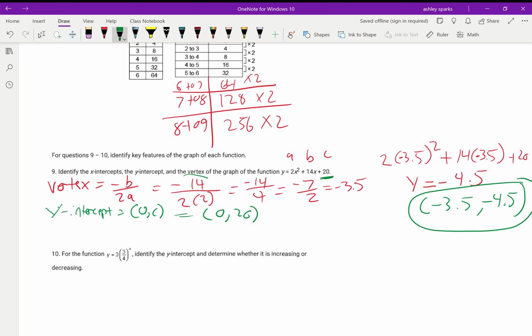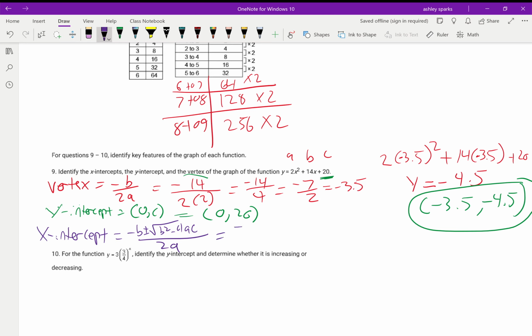And then the last piece to get your x-intercepts, the x-intercepts are a bit more work. So x-intercept, this is where you're going to have to go back to that quadratic formula. So that negative b plus or minus the square root of b squared minus 4ac all over 2a. And you'd want to plug everything in.